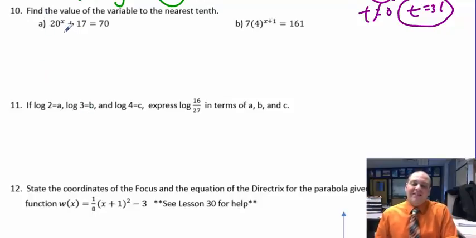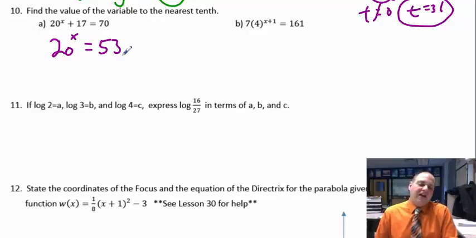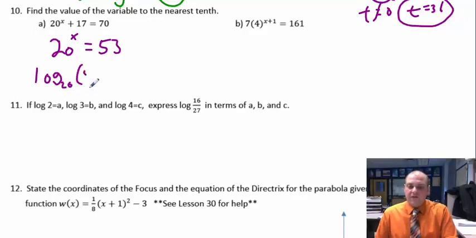All right, how about these where you need to solve with an exponential equation? See how the x is in the exponent? That's going to require logarithms to solve. Let's subtract the 17 first. I know it's been a while since we did these. 20 to the x equals, subtract 17, you get 53. Now, I can't find a common base between 20 and 53, so I'm going to need log. Log base 20 of 53 equals x.